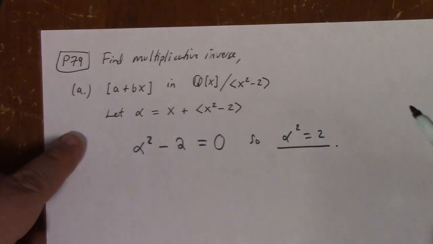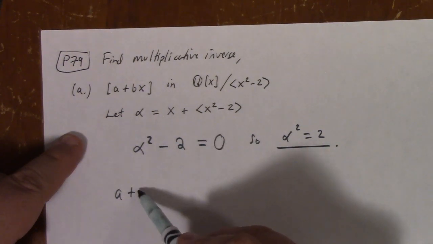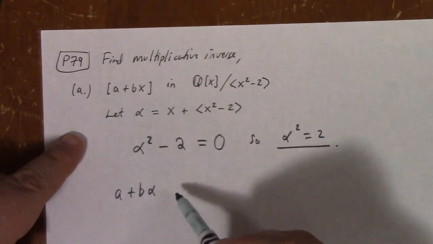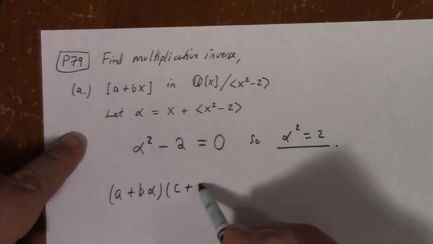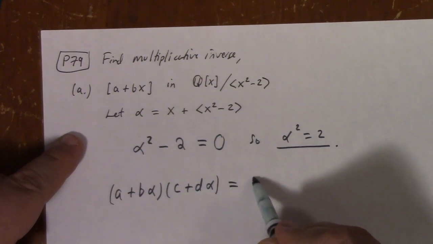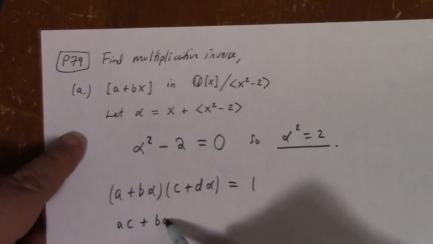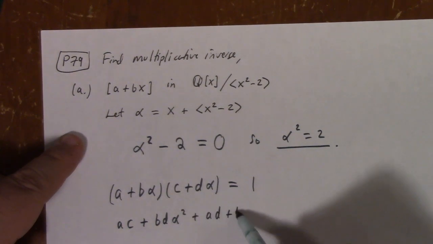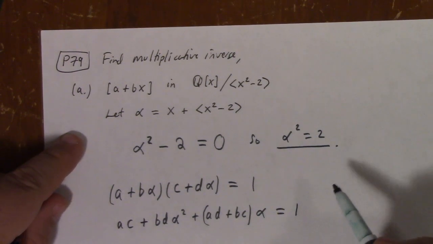We'll keep that in mind. All right. So we're looking at a plus b alpha. That's what that looks like in our alpha notation. We're trying to find c and d such that we get 1, right? So you multiply this out, you got ac plus bd alpha squared plus ad plus bc times alpha equals 1.